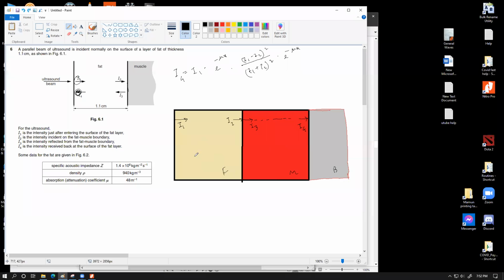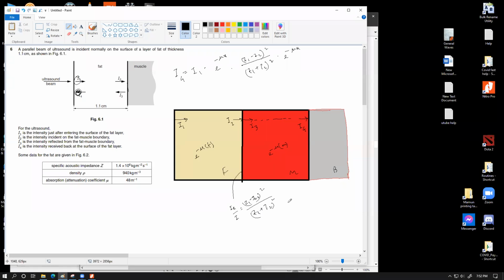Disregard that. Let's say e to the power minus mu into fat, and this would be e to the power minus mu into muscle. And for the reflection at the fat muscle boundary, let's say for this boundary, the reflected versus incident intensity is given by z1 minus z2 whole square divided by z1 plus z2 whole square.